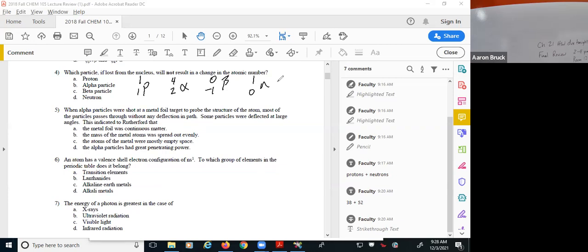So again, here's where your definitions are going to come in and help you. By definition, a beta particle has no mass. It changes charge, but it doesn't change mass. The beta particle wouldn't change the mass number. It would change the identity, but it wouldn't change the mass.